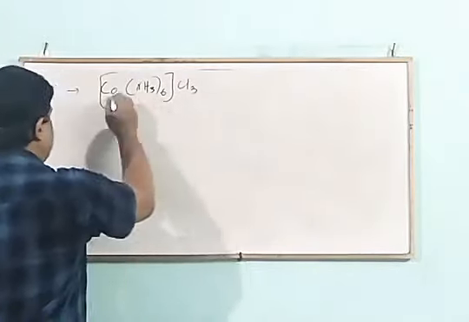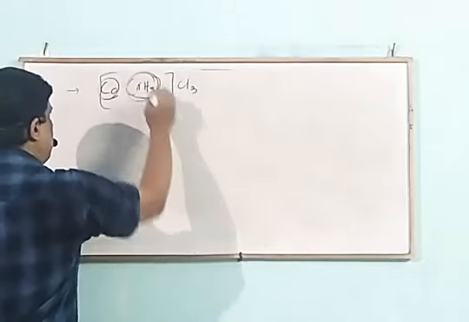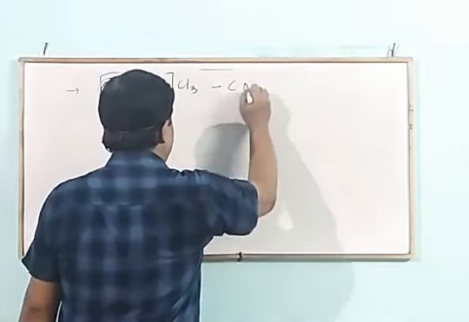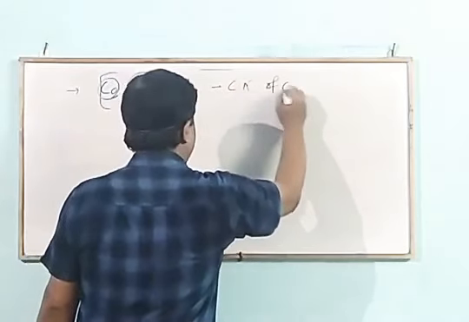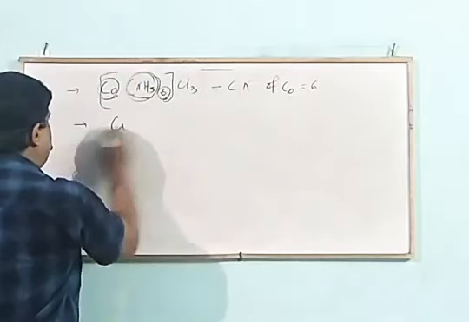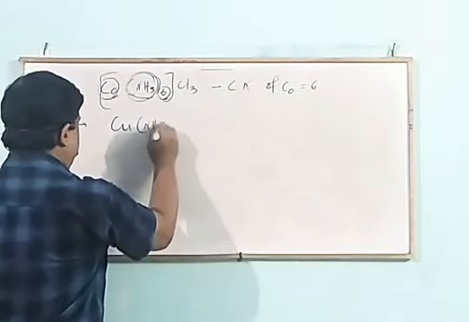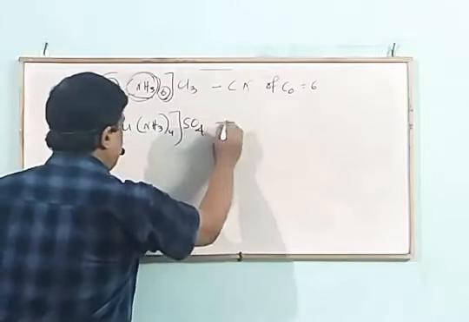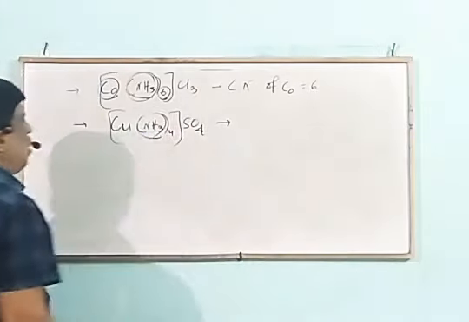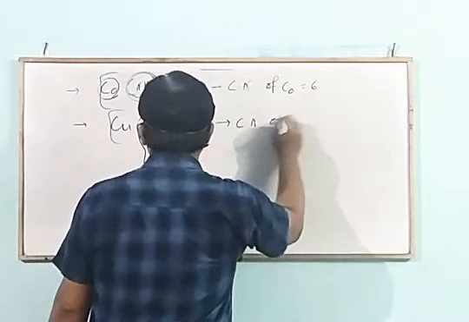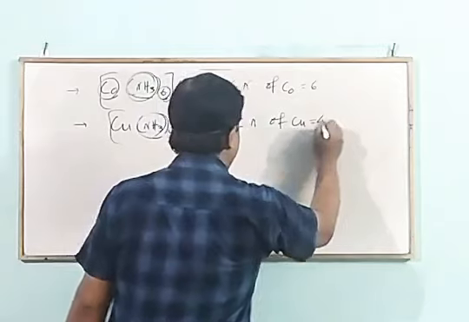Here it is the central metal atom, it is the ligand, a monodentate ligand, 6 monodentate ligands are there. So C.N., coordination number of cobalt is 6. Another example, tetraammine copper(II) sulfate. Mark that. Here also monodentate ligands, 4 monodentate ligands are there. So C.N. of copper is equal to 4.